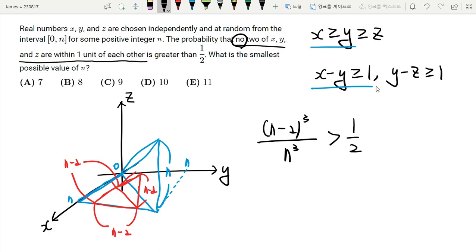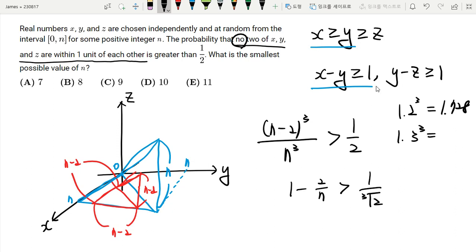If we take the cube root of each side, something like this, and the cube root of 2, because 1.2 cubed is 1.728, and 1.3 cubed is 2 point something.